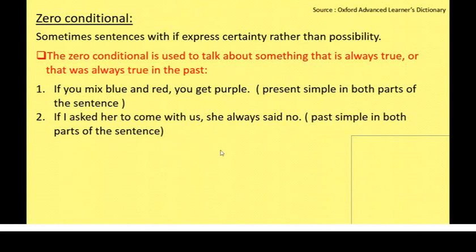Look at the examples below. If you mix blue and red, you get purple. Both the clauses are in present simple. If I asked her to come with us, she always said no. Here both the clauses are in past simple.